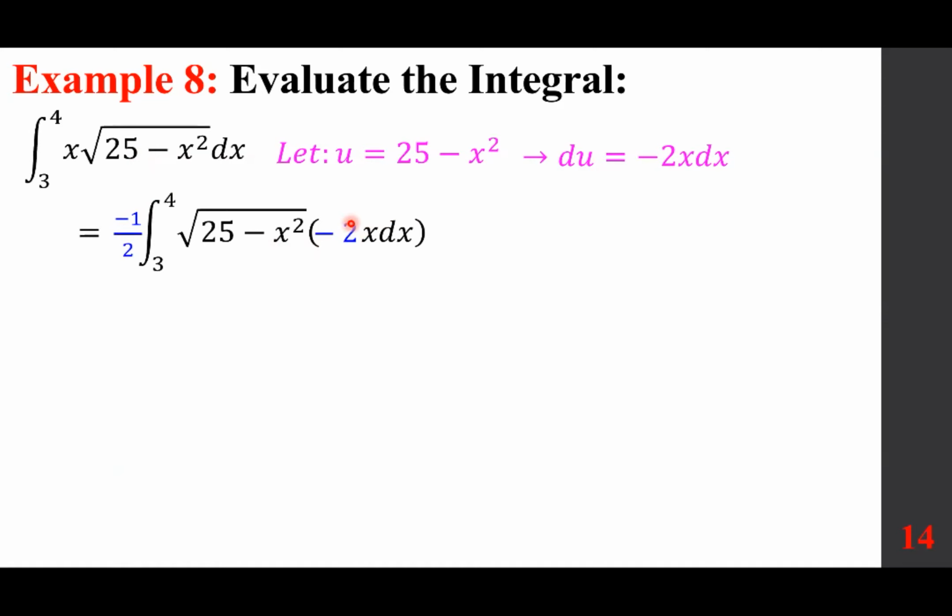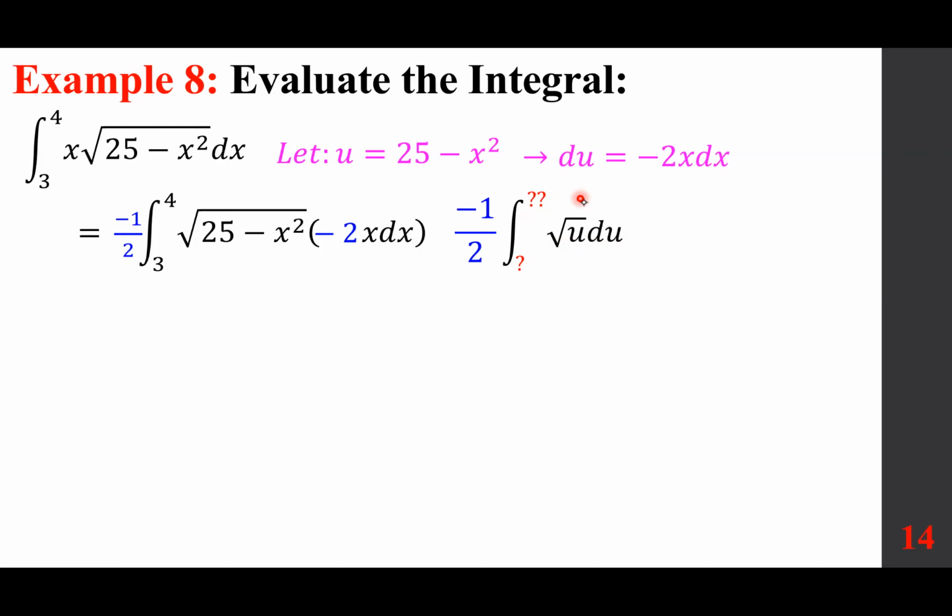Again, the product of the two numbers, and we can only do it with numbers, not variables. For example, if x is missing, you cannot throw in x, just the numbers. Notice their product is 1. So this is the negative 1/2, the integral of square root of u du, and we're not going to put the limits yet. We will look at it in a moment. But for now, this is the answer.